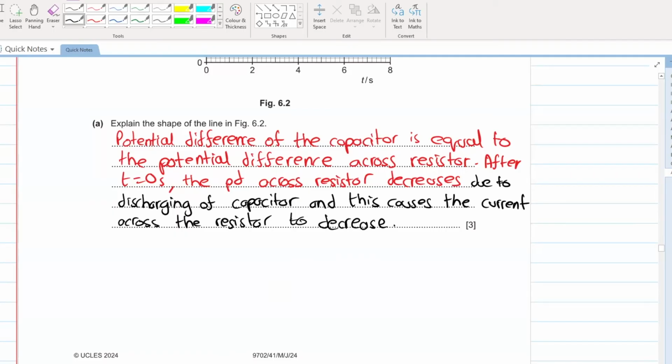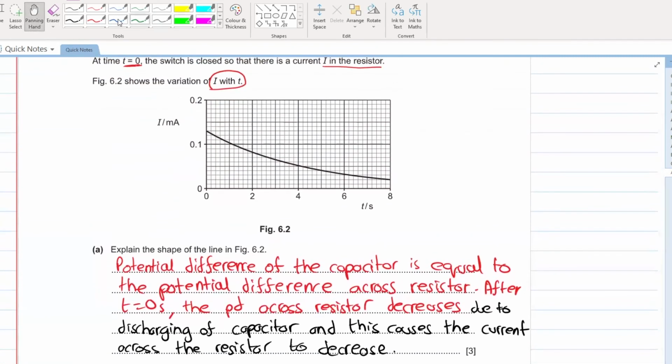Still, you will only get 2 marks. Where does the third mark lie? The third mark lies in explaining the fact that this is a curve with a decreasing gradient. If you draw a tangent here and if you draw a tangent here, why is the decrease in current at a decreasing rate?